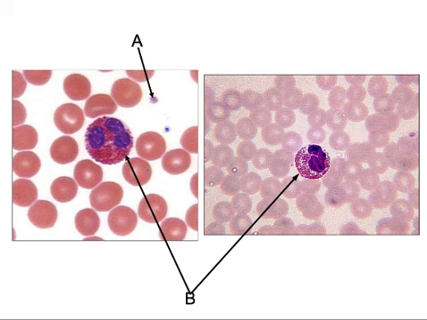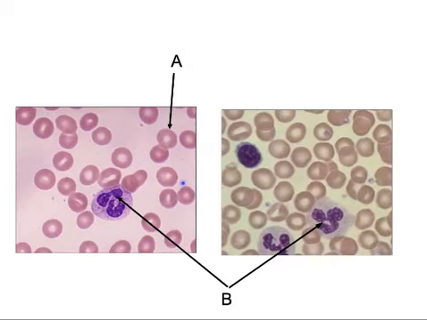B is an eosinophil, and it is important in fighting parasites, eating antigen-antibody complexes, and in modulating the immune response through the release of antihistamines. A here is an erythrocyte. Erythrocytes transport oxygen, some CO2, and some protons. And the neutrophils, of course, engage in phagocytic attacks on bacteria.